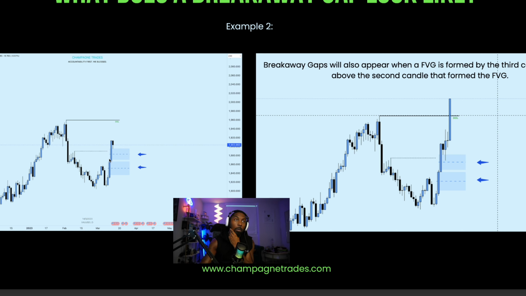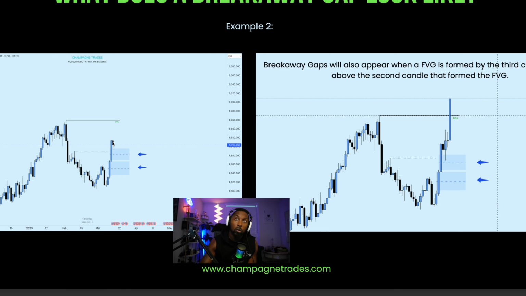That's a high probability fair value gap versus one that was like black, blue, black, you know what I'm saying? So boom. If the third candle closes above the high, the wick or the body of the second candle, that's a breakaway gap.